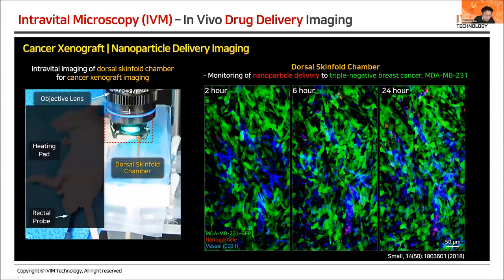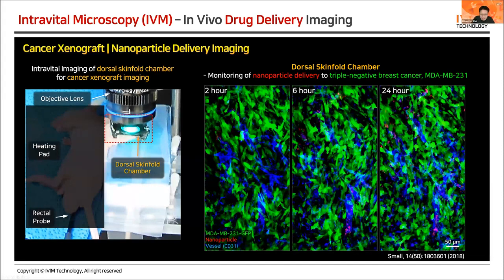We implanted this dorsal skin fold imaging chamber in the back skin of the mouse model. In the middle, we injected the breast cancer cells and let them grow for 2 weeks, so the breast tumor gets big.